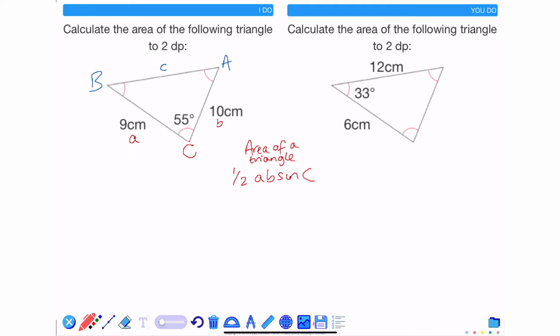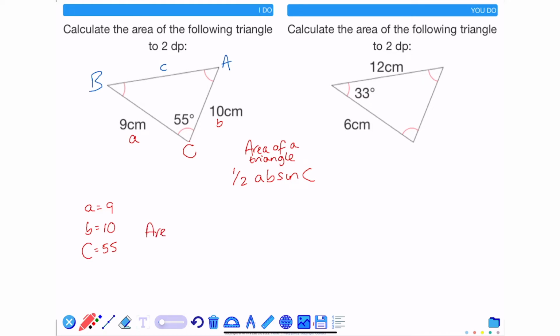So now knowing that a is equal to 9, b is equal to 10, and C is equal to 55, I can substitute these values into the formula and calculate the area of the triangle.